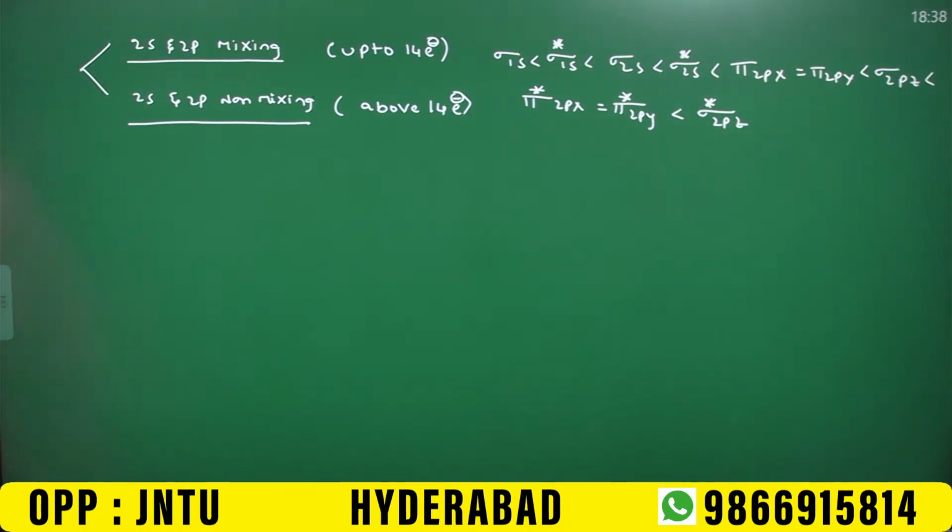This is the energy order for molecular orbitals. The molecule contains up to 14 electrons.